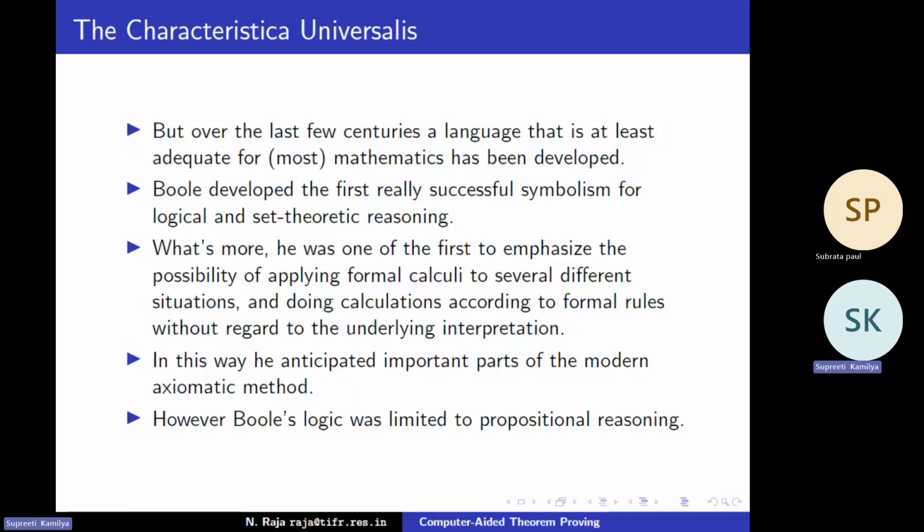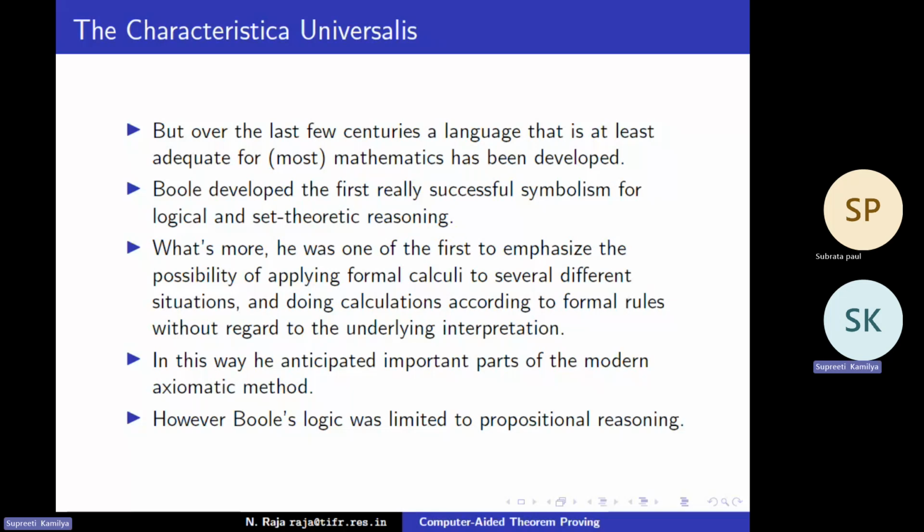And not just that, Boole was the first one to emphasize the possibility of using formal methods, formal calculi for several different situations, and just following formal rules to do these calculations without any regard to the underlying interpretation.